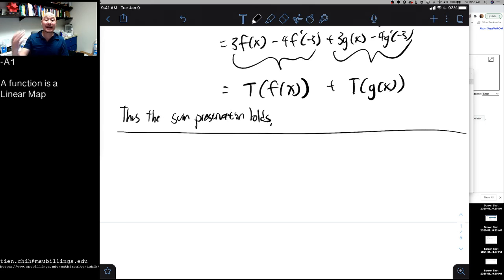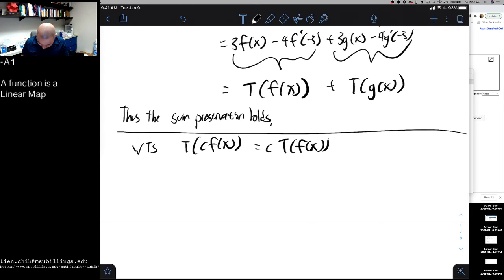Alright, the next thing we want to show is that scaling by constants also holds. In order to do that, we want to show that if I take a transformation of some constant times f, that's the same thing as taking a constant times the transformation of f itself. And as before, we're going to start with one side of this and reach the other through our manipulations.